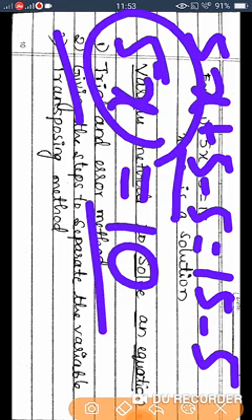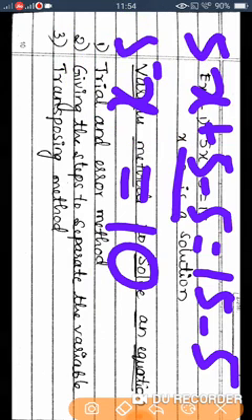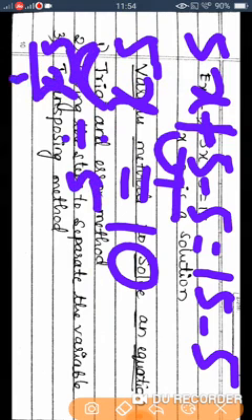Then you can check by the trial and error method, and again we can remove the 5 from x. How? It is a multiplication. See, here it was addition, so by subtracting we removed it. But this is multiplication, so by dividing we can remove it. By dividing by 5, what does it become?